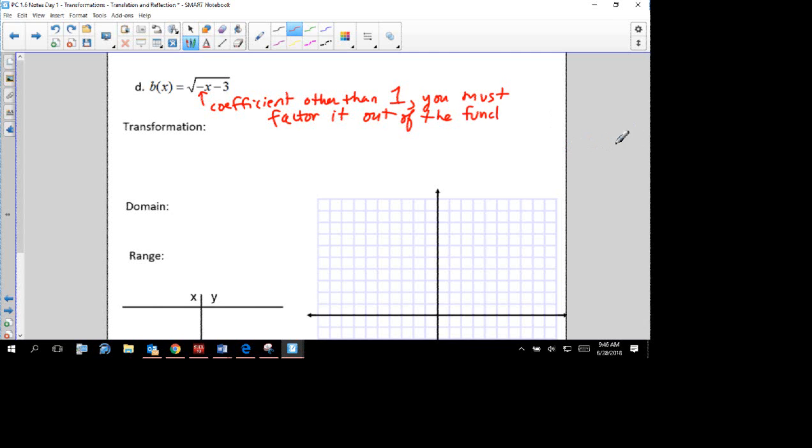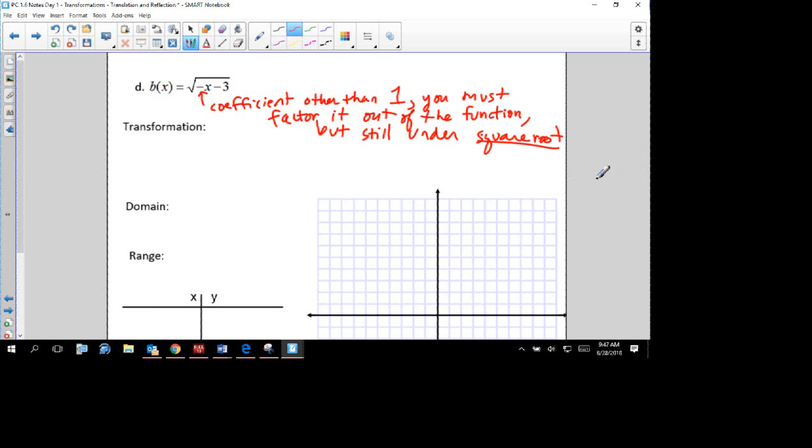Out of the function, but still under the square root, or whatever function it is. I'm not explaining that very well.